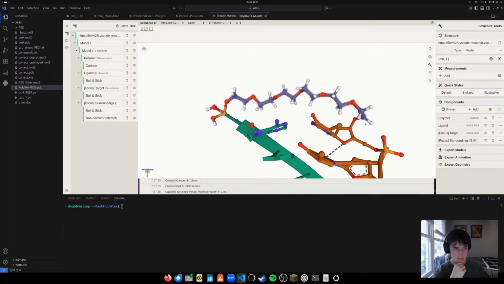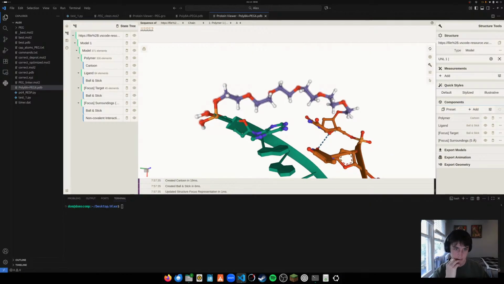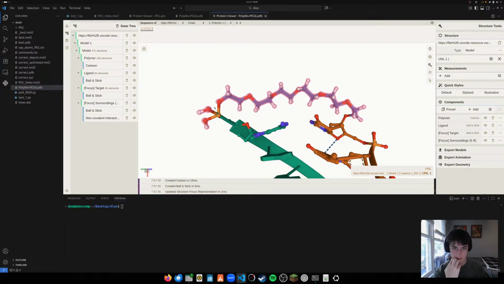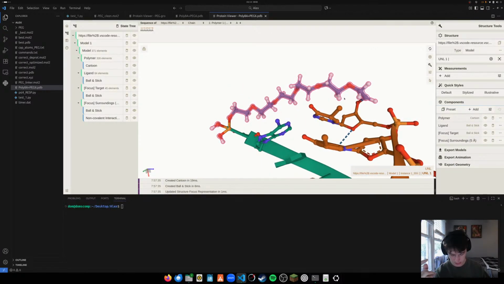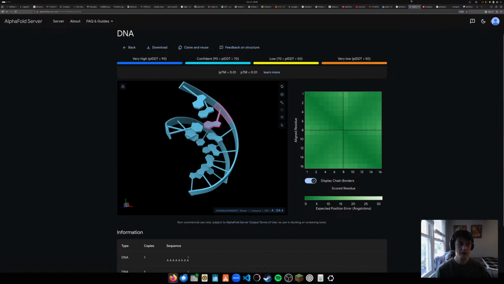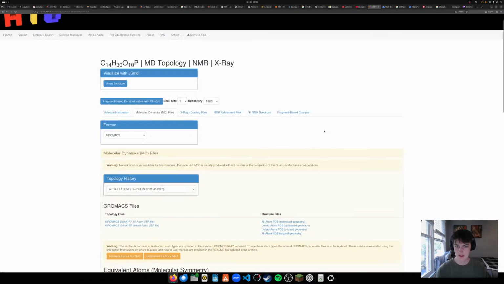And then here we need to add an ether and then cut that off, right? And then we have, let's see, one, two, three, four, five, six oxygen atoms. So I've already geometry optimized that linker.